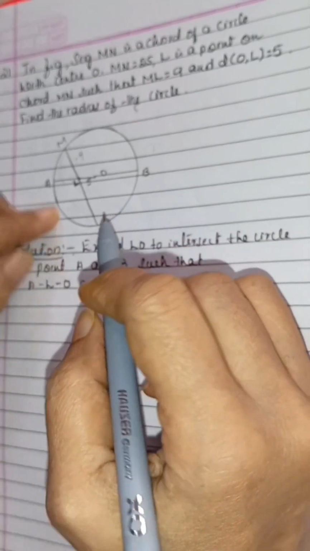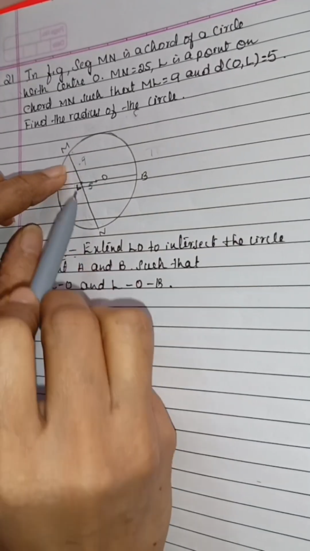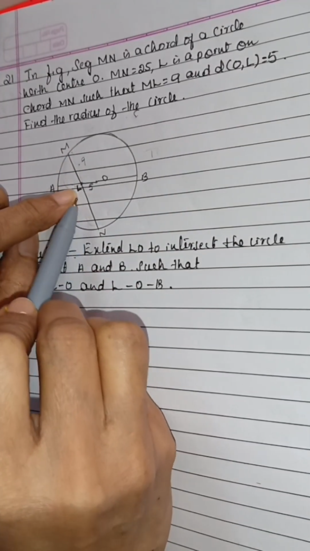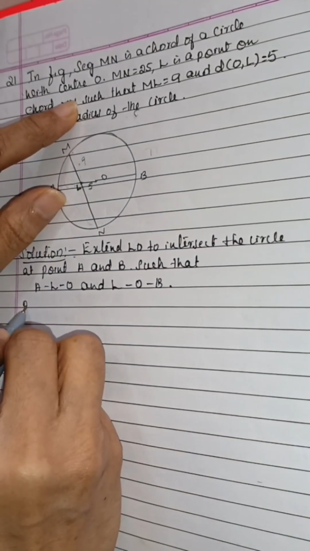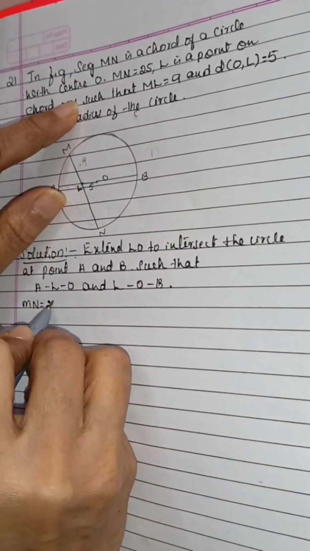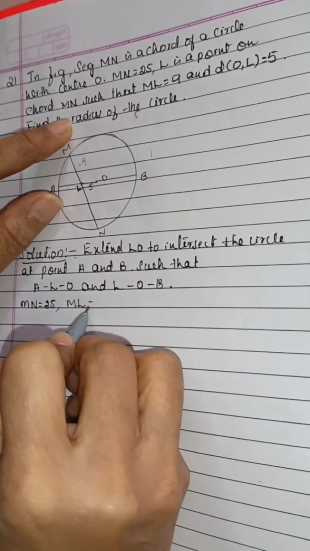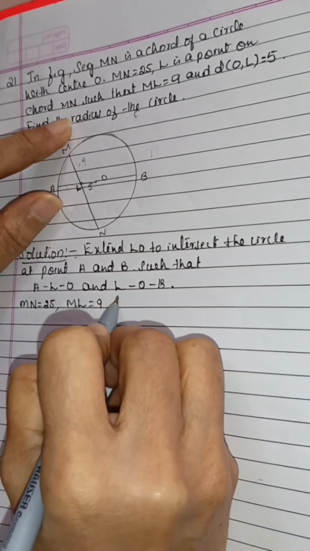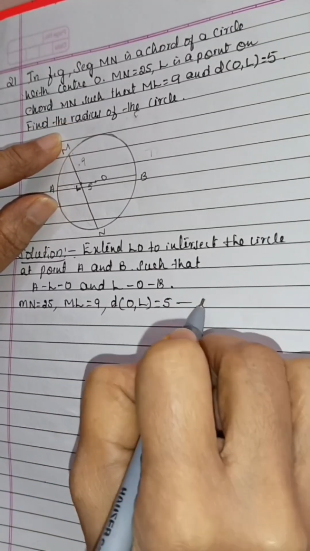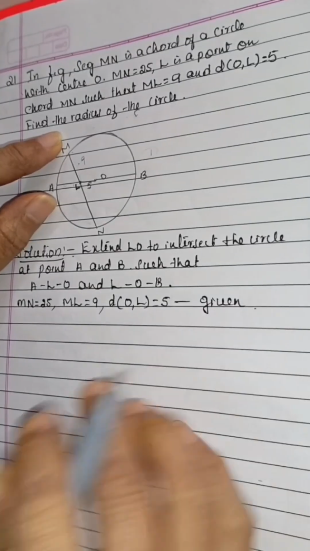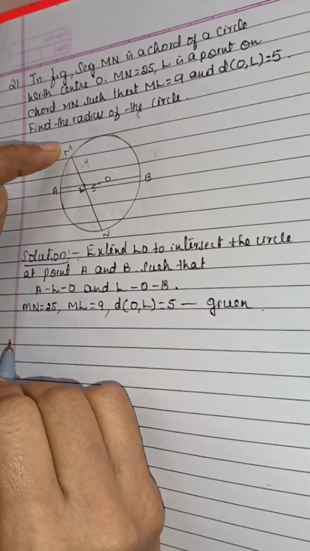See, MN is given here. We can find out LN, no? For that, we'll write first: MN is given as 25, ML is 9 and distance OL is 5. See, these are given. Now we can find LN, because we know MN and ML.